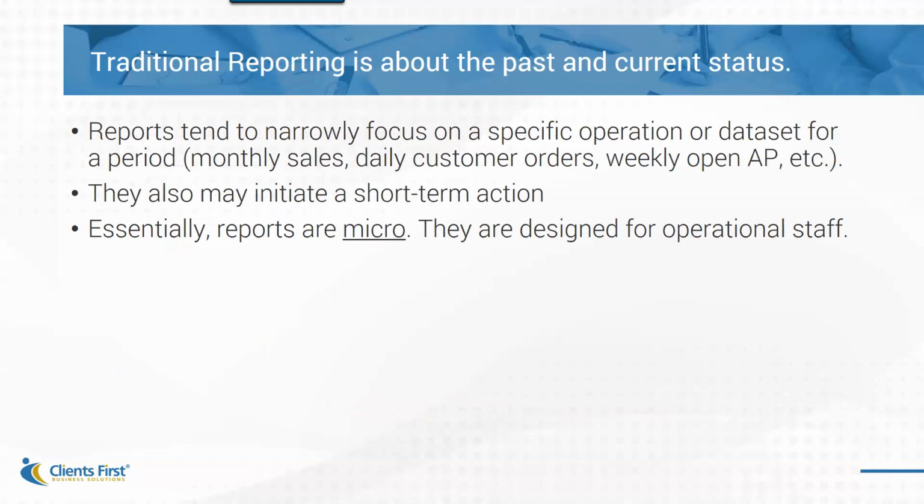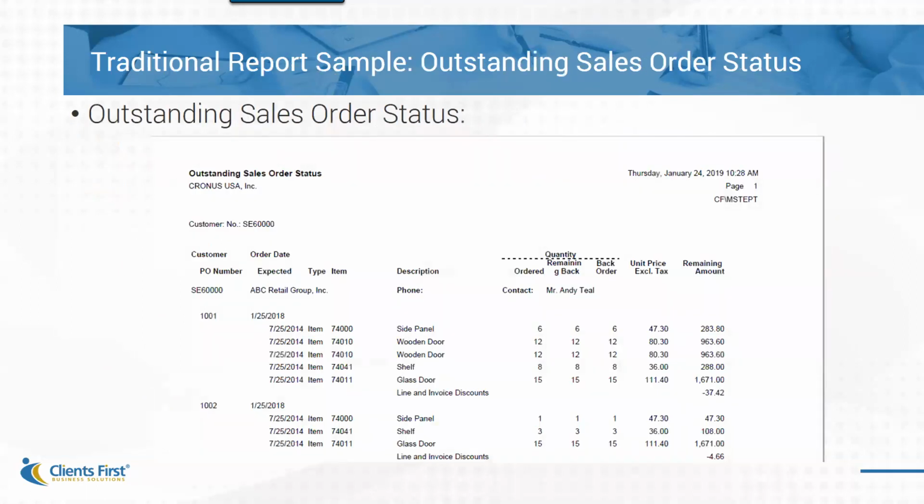Traditionally, reports are narrowly focused and may initiate a short-term action. Essentially, they're micro, and they're designed for the operational staff. An example of a traditional report would be an outstanding sales order status report.